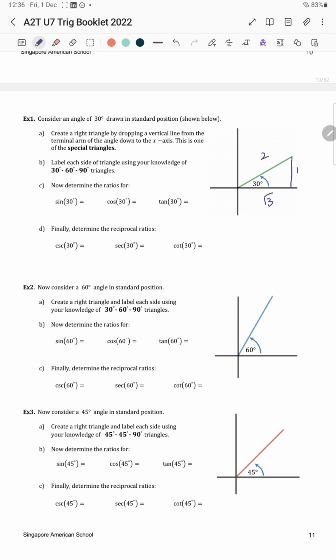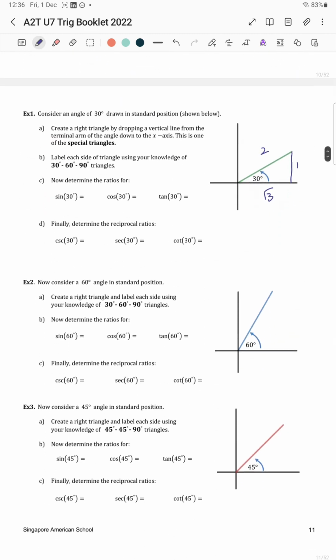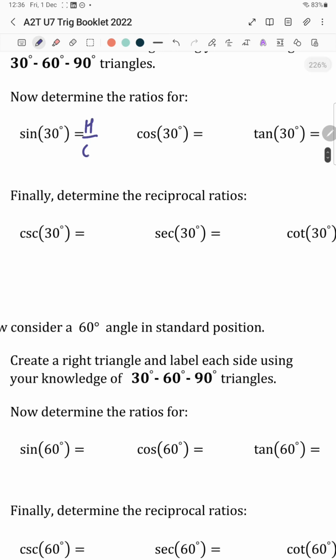Sine theta is equal to o over h, which is equal to 1 by 2.